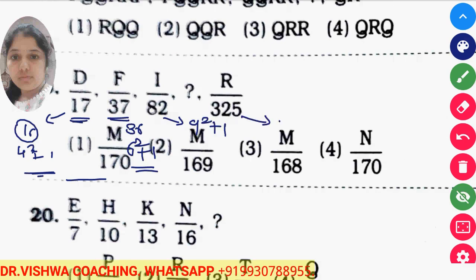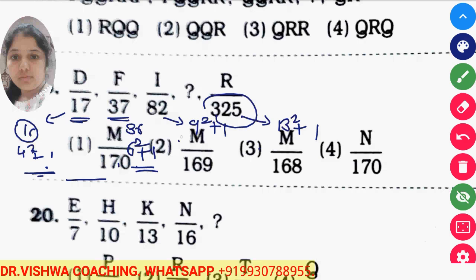Okay. 13 ka square is 169 and 1 is added into that, and the next one is 18. Now what is the gap in between these two? There is a gap of 2, then 3, then 4. Gap increases by number 1.